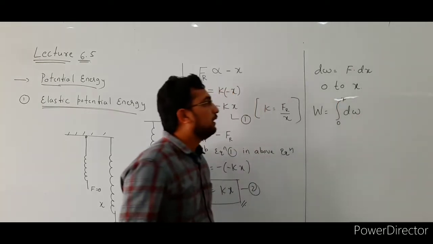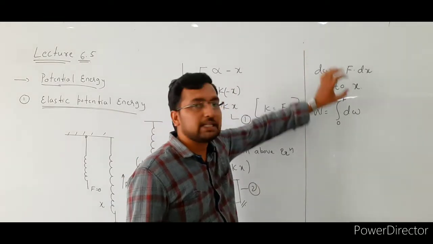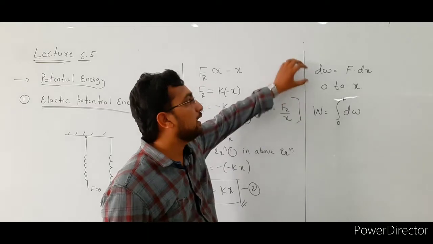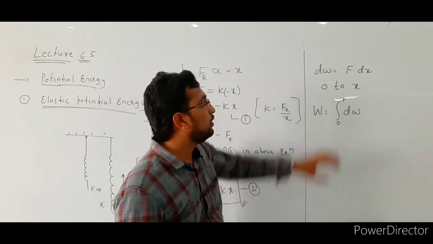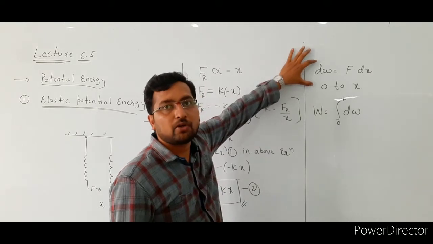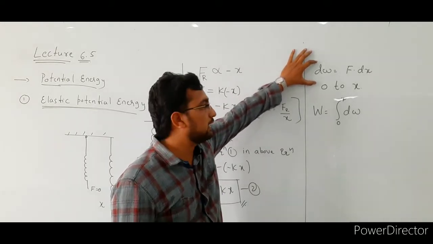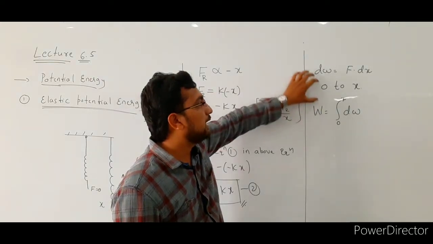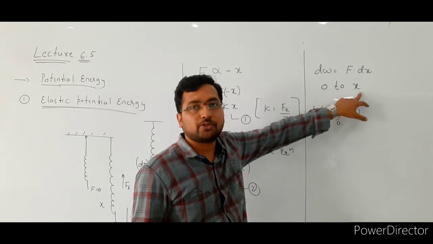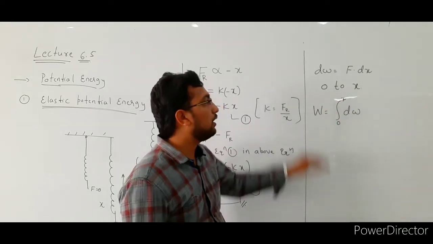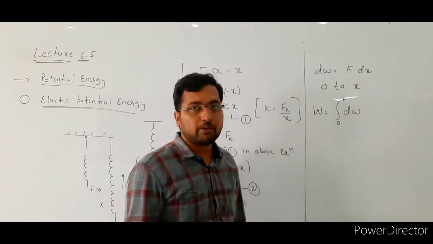Okay, see here, we know that dW indicates force into small displacement. To elongate the spring through a small distance dx, we have to do this much work, that is dW is equal to F into dx. Next we elongate the spring from the equilibrium position to the extreme position, or 0 to x. For that we are doing some amount of external work.